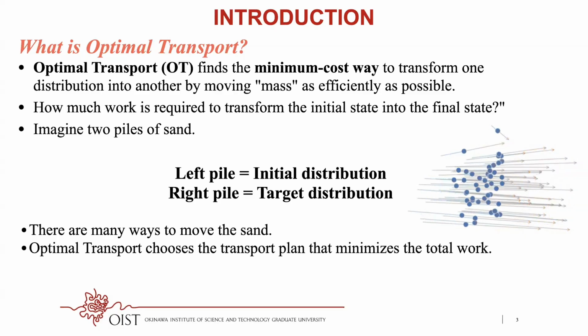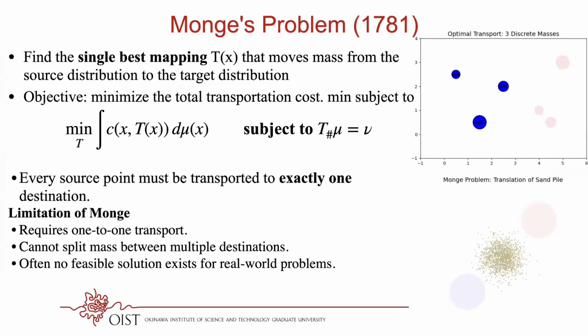Next I am going to talk about the first optimal transport problem, which was introduced by Monge in 1781. The key idea is very simple: it finds the single best mapping that moves mass from the source distribution to the target distribution. The formula is given here.